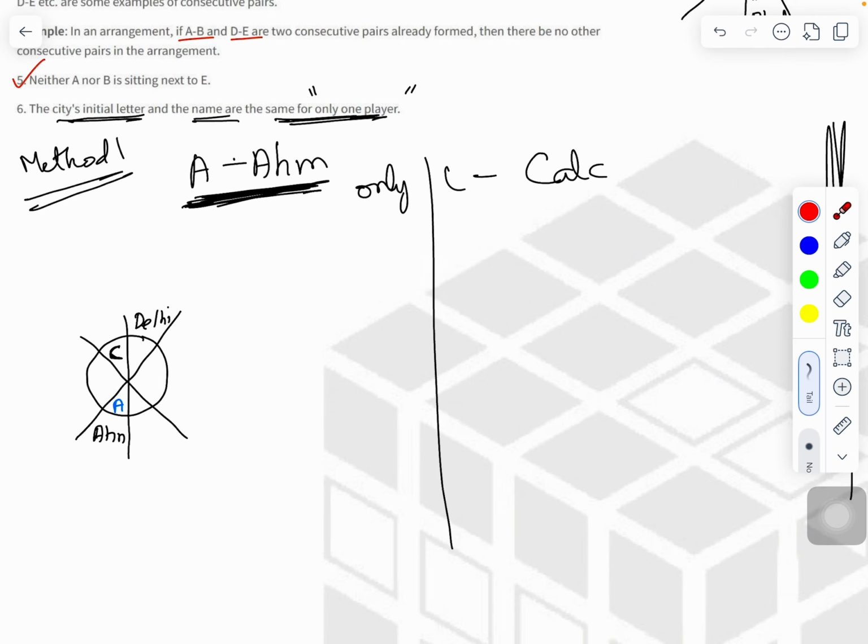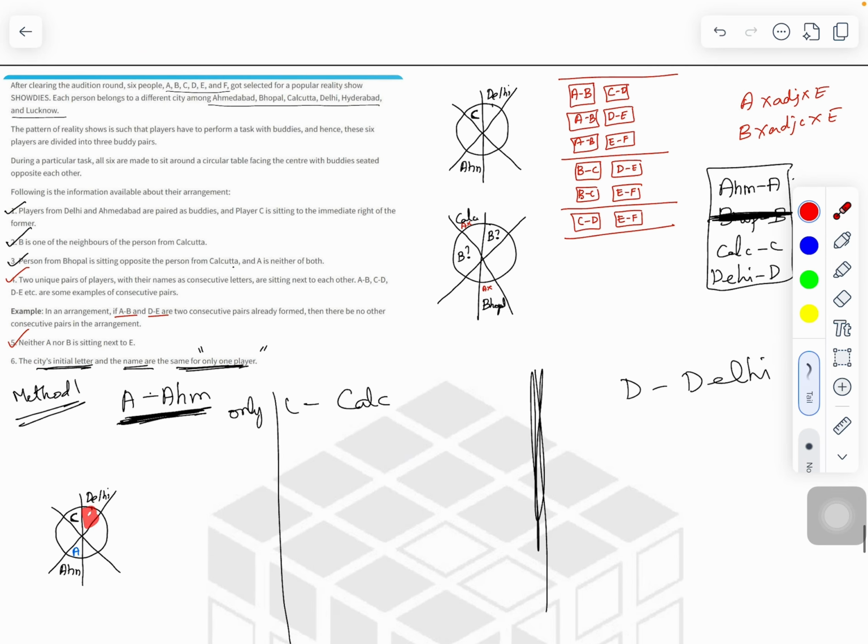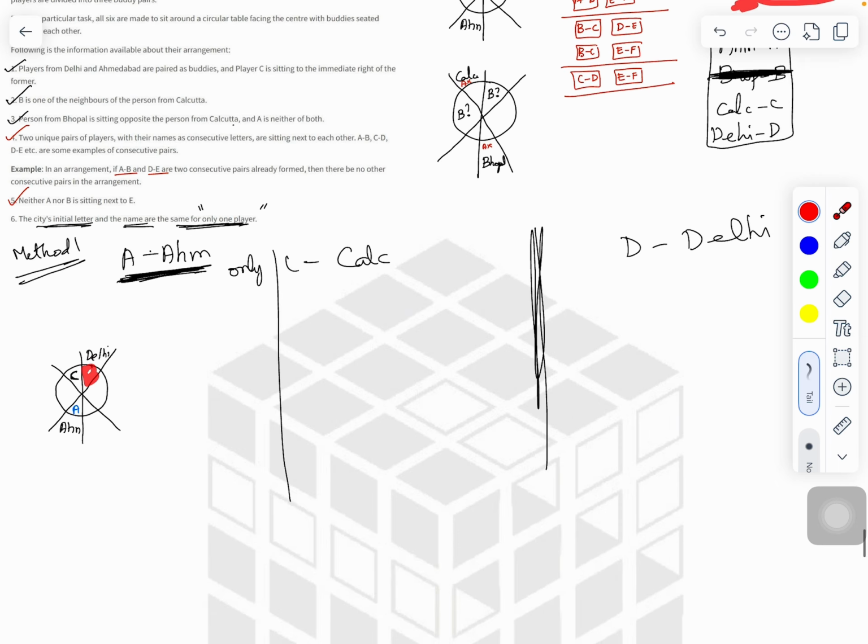Okay. What about B coming here? If B comes here, we have a problem. There's a statement which says E cannot sit adjacent to A, E cannot sit adjacent to B. They've said that, right?